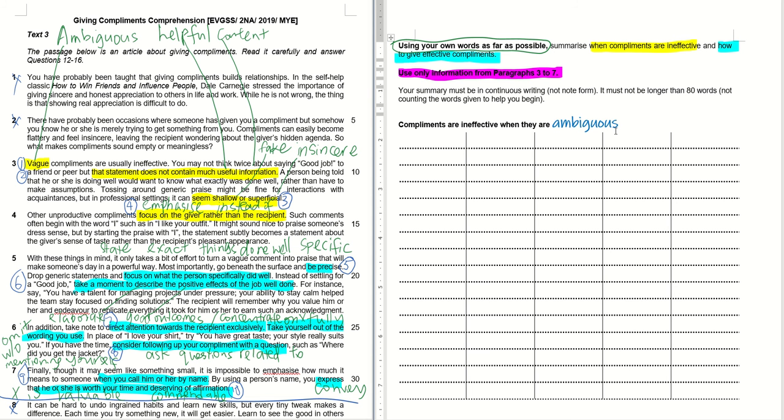When they are ambiguous and do not have helpful content. Okay, so something very simple here. That's the first sentence, your first point and second point. Okay, I have written my first point and my second point.